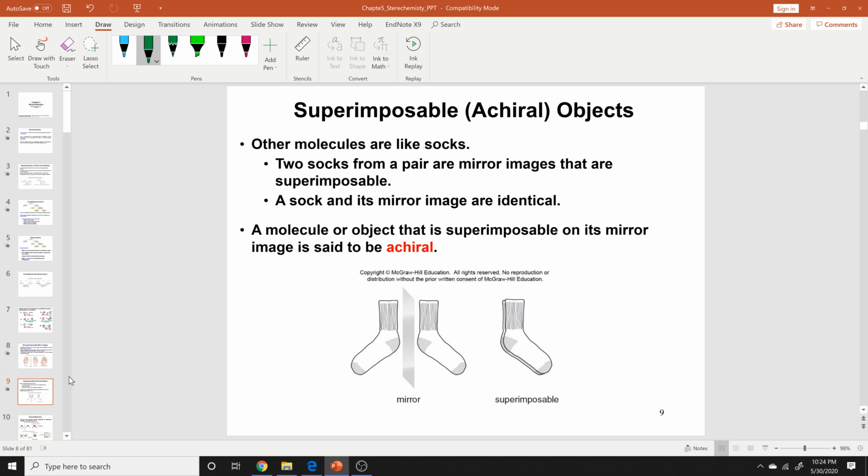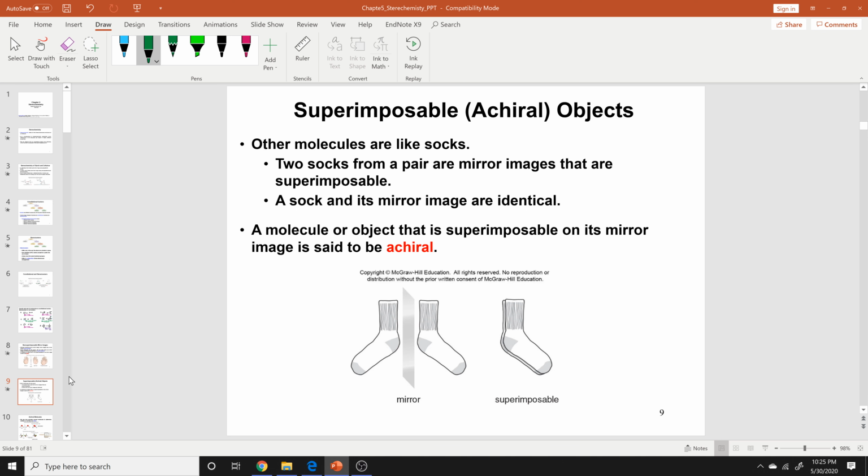On the other hand, other objects are like, for example, socks. A chair is also another kind of object that is achiral. If you put one pair of socks in front of the mirror, you're going to see its image. If you take that sock and align it with its mirror image, you see that they align.